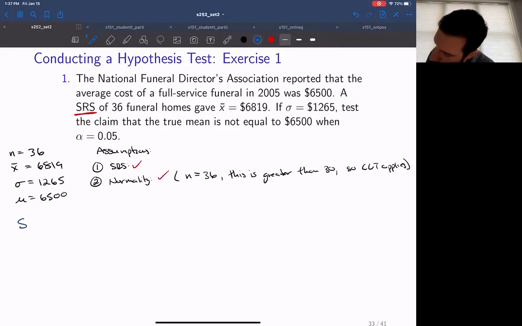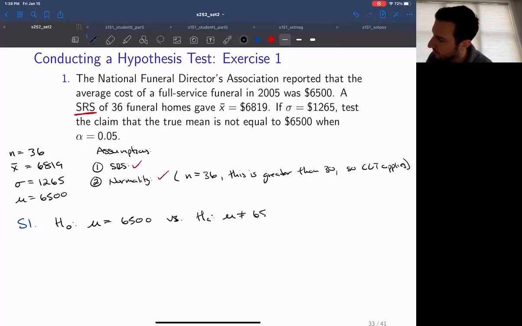All right. So on step 1, we are going to test whether or not there is evidence that the true mean cost of full service funerals is not equal to 6,500. So our null hypothesis will be the hypothesis of equality, and our alternative hypothesis will be the hypothesis of inequality.